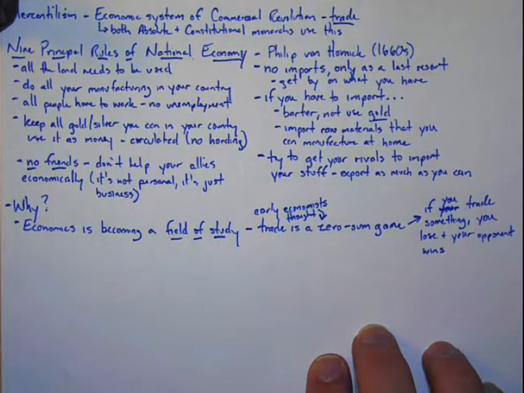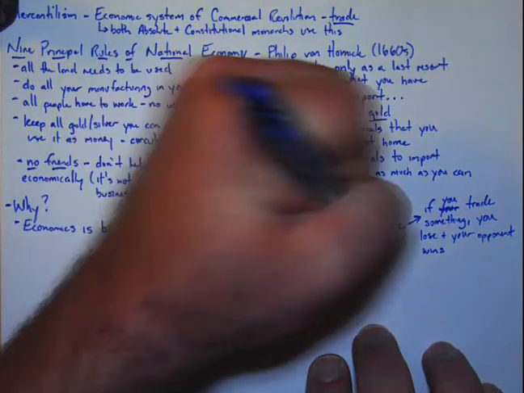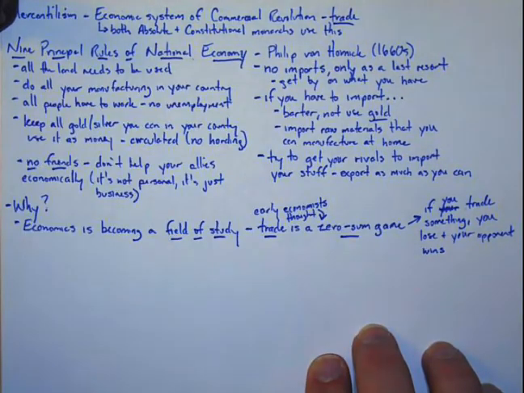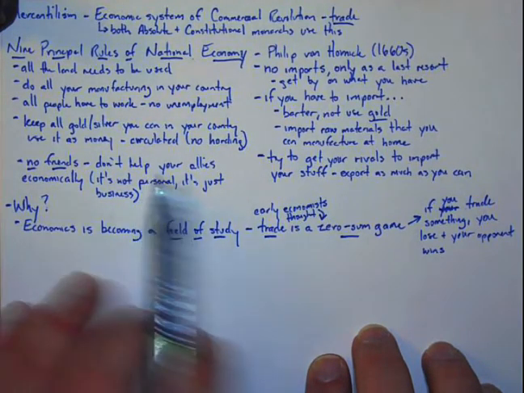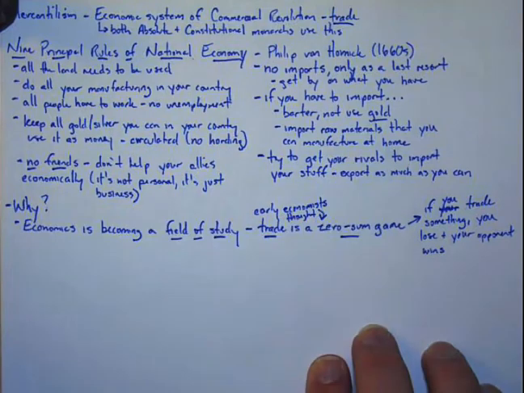Now, modern economists know that that's not how trade works. Trade builds on itself. Money makes more money. But early economists said that if you traded something, that was a sign of weakness, especially if you're sending away gold. That's a sign of weakness.